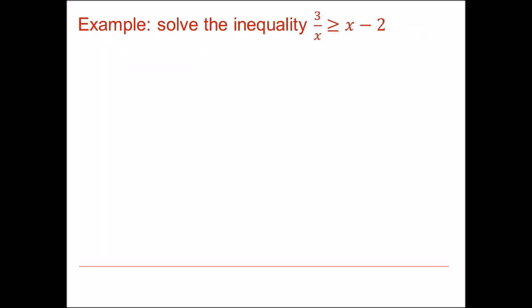So considering our same inequality then, instead of starting off by subtracting the right hand side from the left hand side, this time I'm going to multiply by x squared.